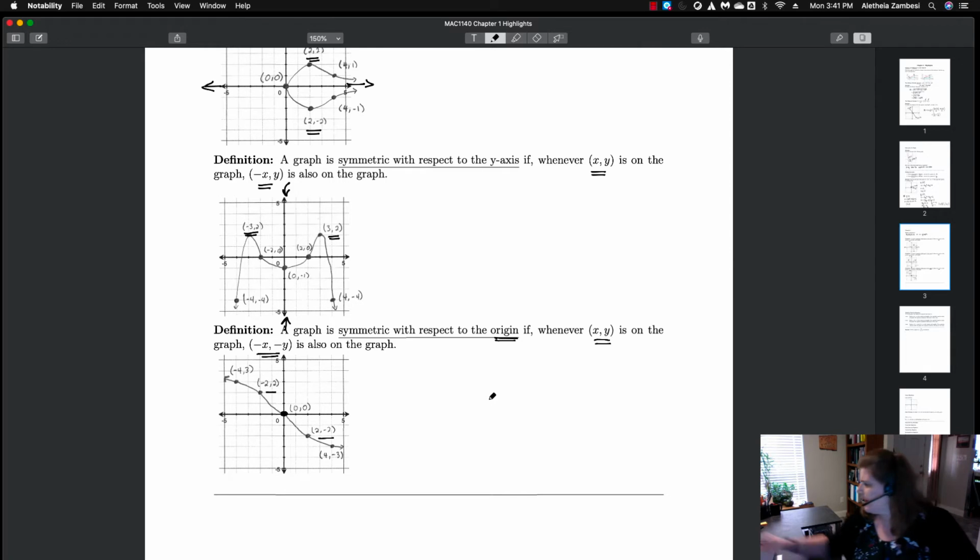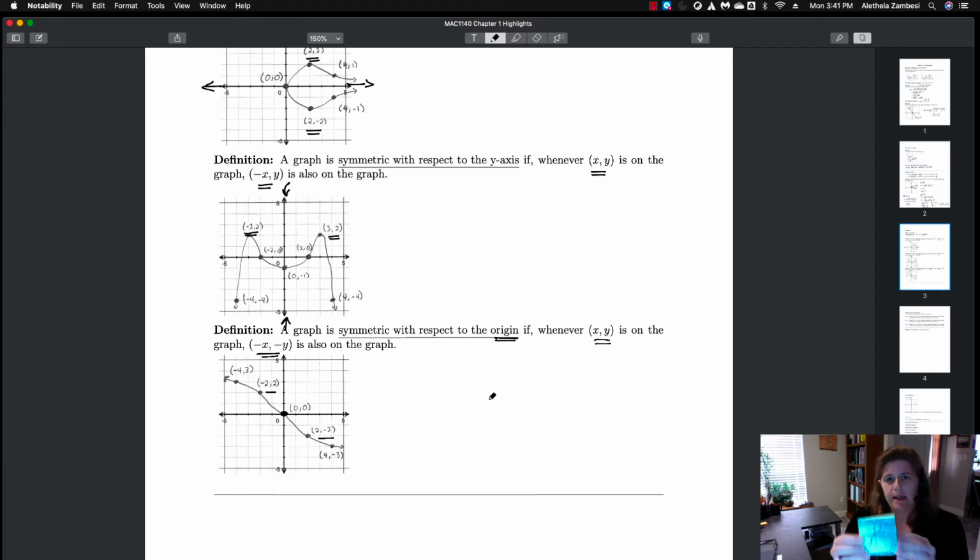Now, if we're trying to determine if we have something that's symmetric with respect to the origin, it's not like folding based on something, but you can determine a graph is symmetric with respect to the origin if you turn it 180 degrees and the graph looks approximately the same.